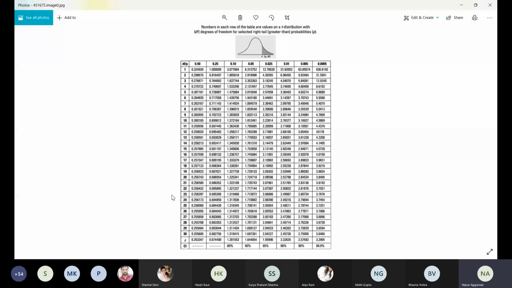If it is visible to you, this is the T table. At the top of the table, it is written as T distribution. So there is a separate table for the T test. Is it visible?